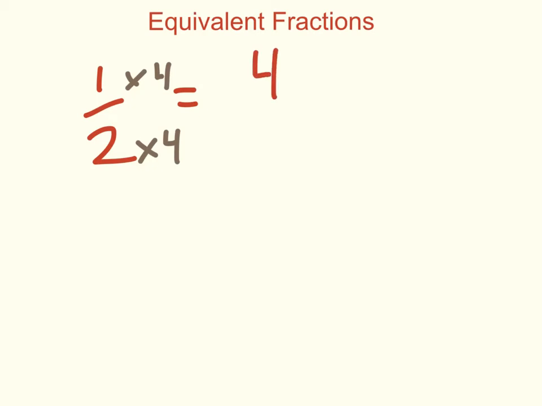So how do we get equivalent fractions? Well, if you have a fraction like 1/2, what you could do is multiply the denominator and the numerator by the same number to get an equivalent fraction. So let's multiply them both by, let's choose 4. 1 times 4 is 4. 2 times 4 is 8.